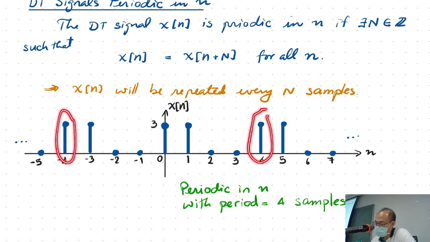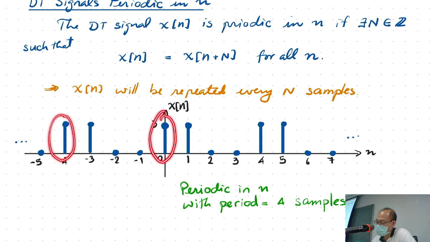It is 4, which is smaller than 8, and you cannot find any number smaller than 4 for which x is repeated. So 4 would be the period of this discrete time signal. So this discrete time signal is periodic in n with period of 4 samples. So that should not be very difficult.